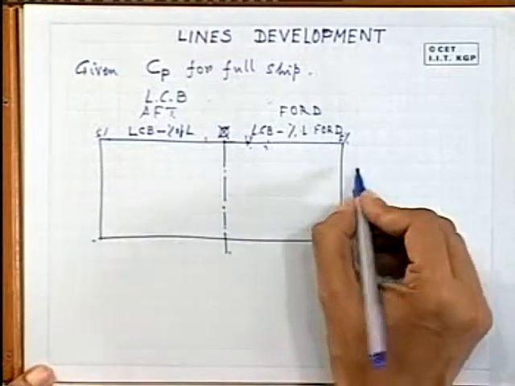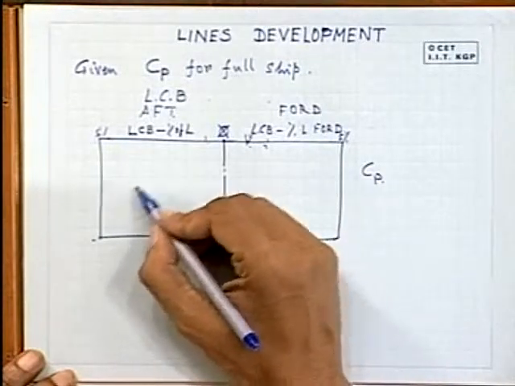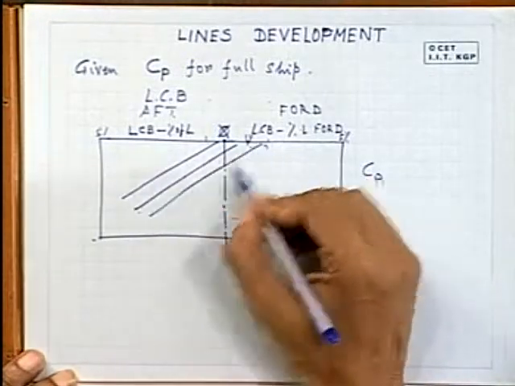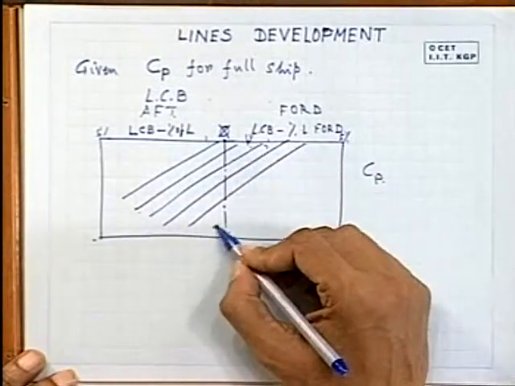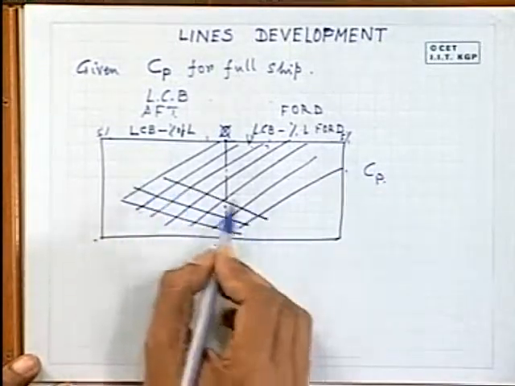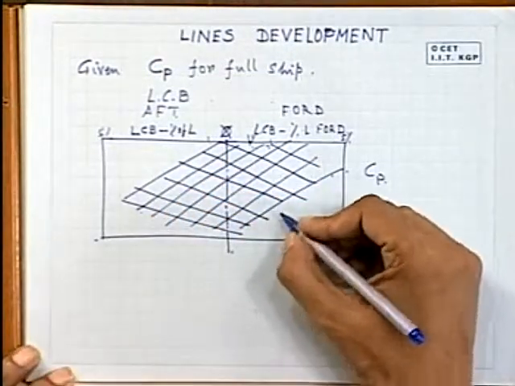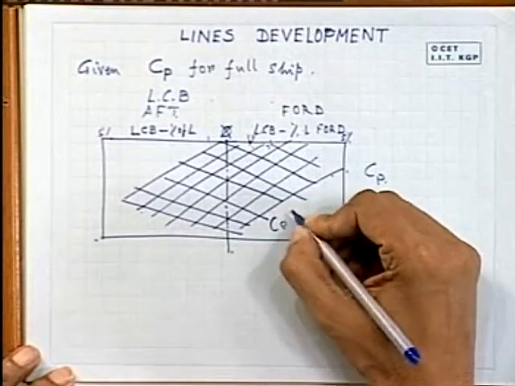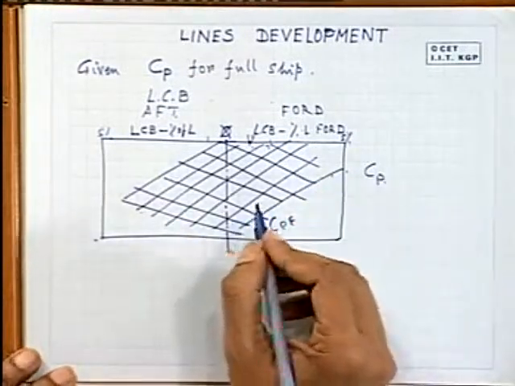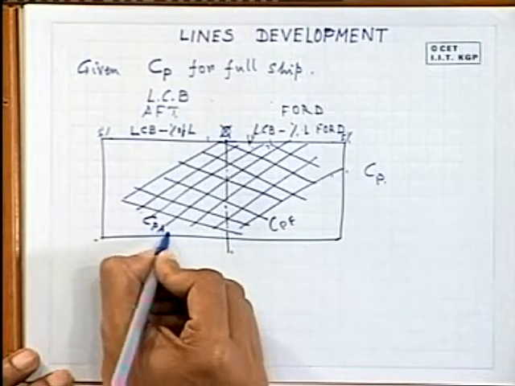On the vertical axis you get your total CP value, and from this there are certain lines like this. If you refer to the table, this will give you CPF. These lines, and the lines which are perpendicular, will give you the CP aft values.